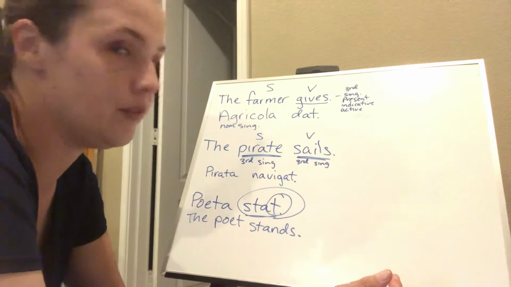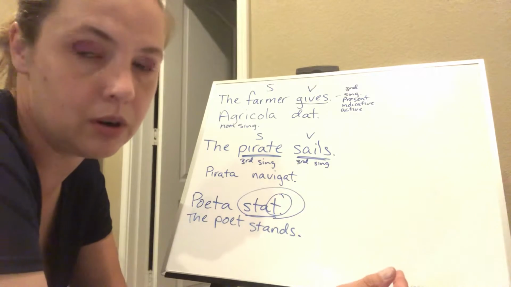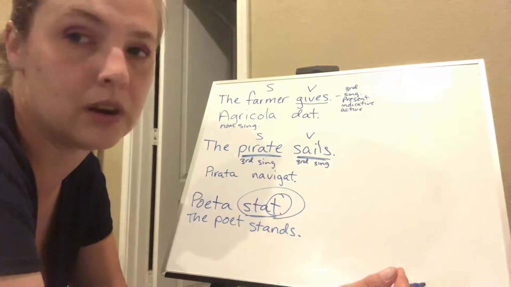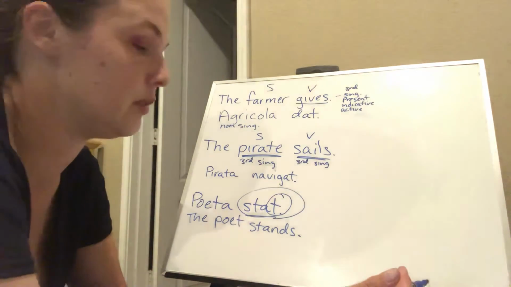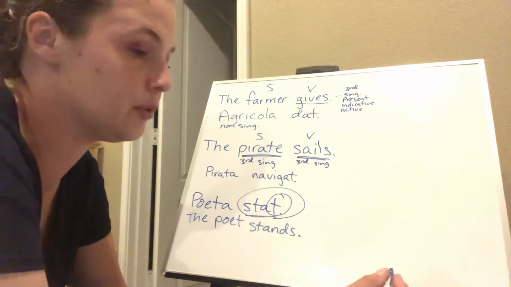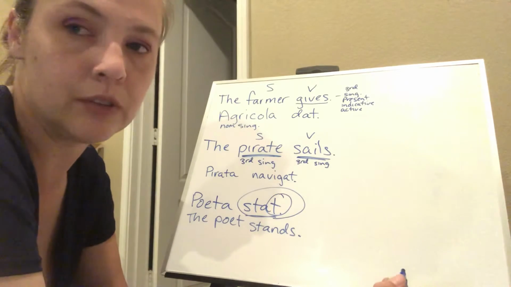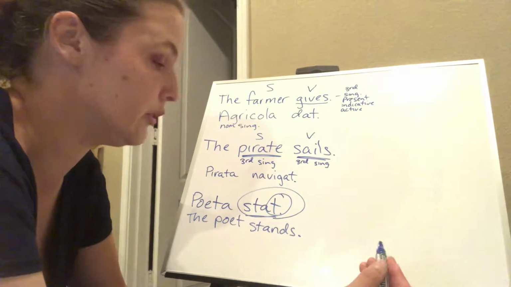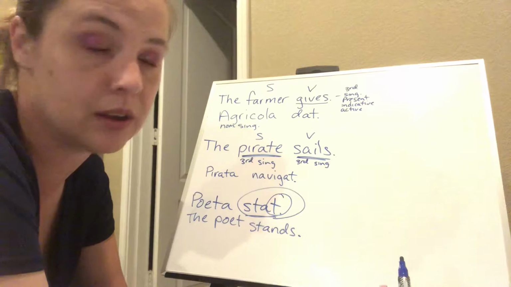You don't want to have stands the poet or whatever. You don't want to make your sentence sound like Yoda or any sort of illiterate hillbilly, okay? You want to make sure that your English sounds okay.